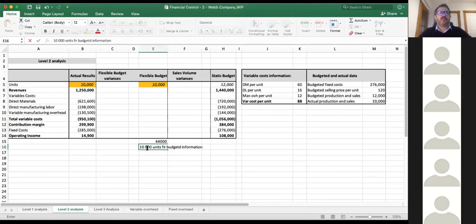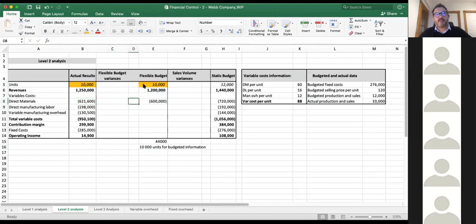For the revenues, we should have 10,000 times the budgeted selling price. For the direct material, we should have $60 per unit times 10,000. So it means that for 10,000 units produced, we should have a cost for material of 600.